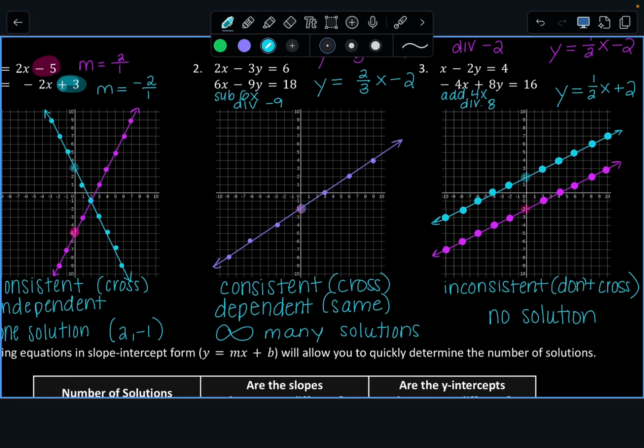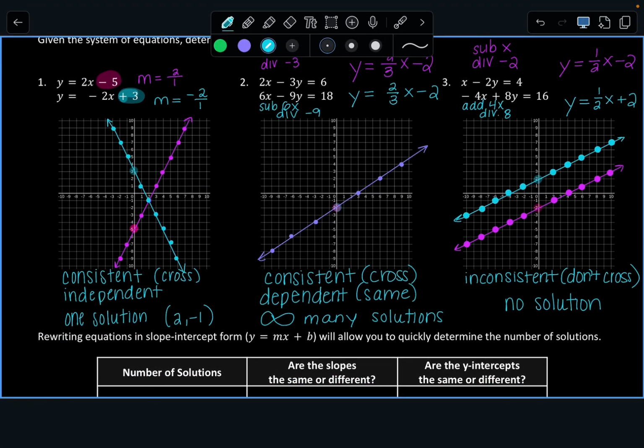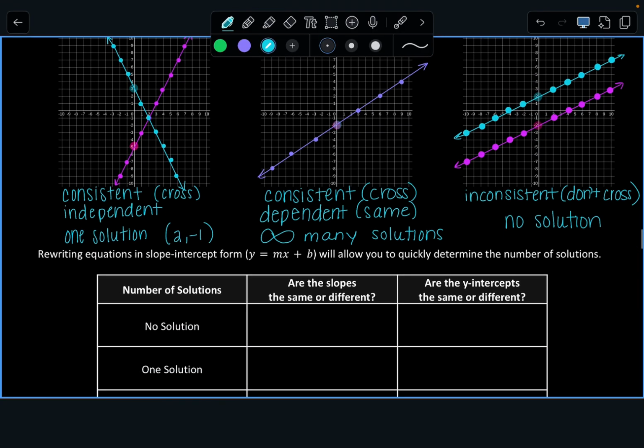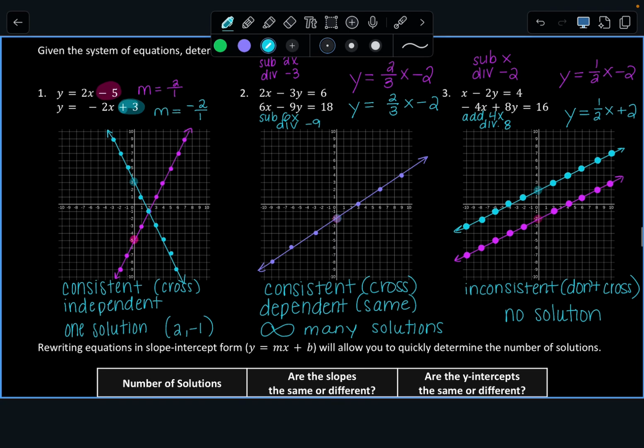So you might get a little frustrated with me for this next part. But you didn't actually have to graph these to tell how many solutions they're going to have. What we could do is just rearrange them to y equals mx plus b and look at the slope and the y-intercept. So for no solution, that's this one on the right. Look at the slopes.